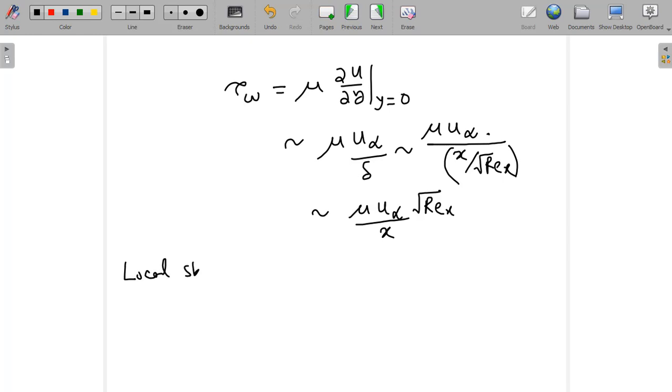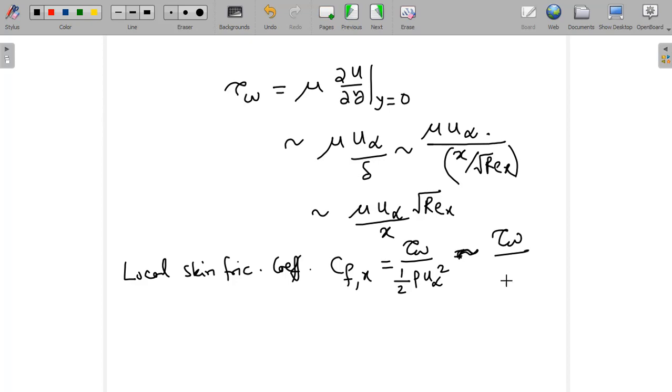Now what is the order of magnitude of the local skin friction coefficient, C_fx, that is tau wall by half rho u infinity square? The order of magnitude of this quantity is basically tau wall by rho u infinity square; you need not take the half. The order of magnitude of tau wall we already know, so that will be mu u infinity root over Re_x divided by x, and rho u infinity square comes here.